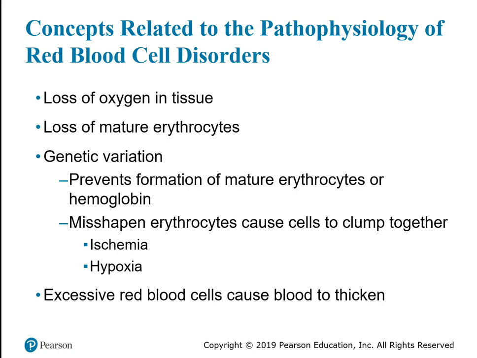These are all red blood cell disorders in general, pertaining to anemia, and these are different causes. You can also have red blood cell disorders where you have too many red blood cells, and that can cause the blood to thicken and again compromise the oxygen carrying capacity of the blood.